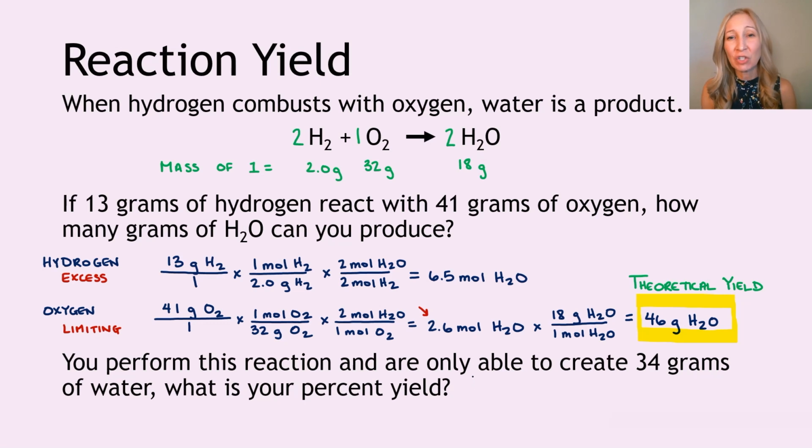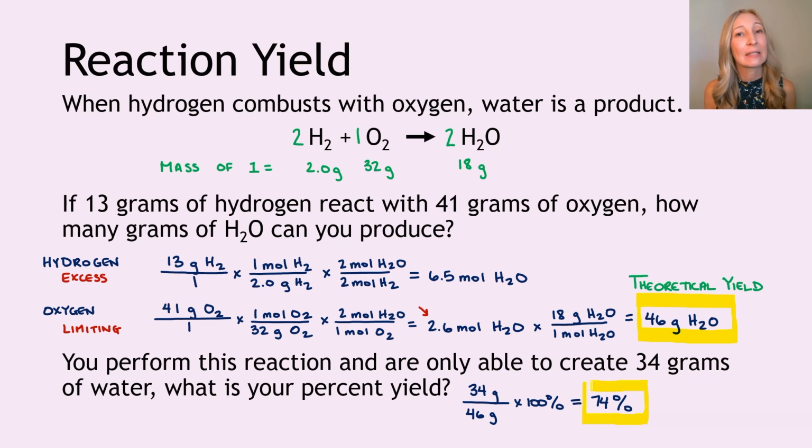Now, according to this question here, the actual yield is 34 grams of water. So to calculate the percent, we would take 34 divided by 46, multiply that by 100, and I get 74% for this. So 74% is our percent yield.